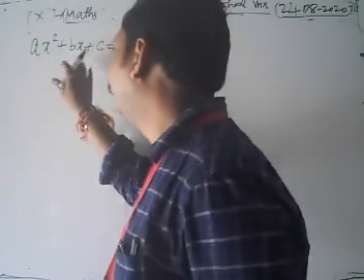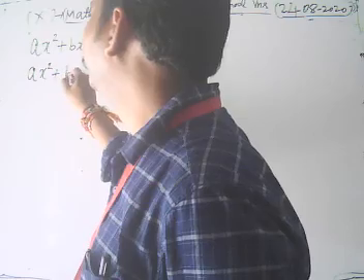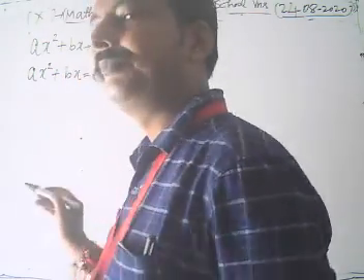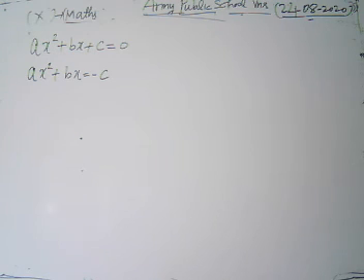We start here. In the second step, what do we do? We write x square plus bx is equal to minus c. In the second step, we are going to shift our constant term to our right hand side.